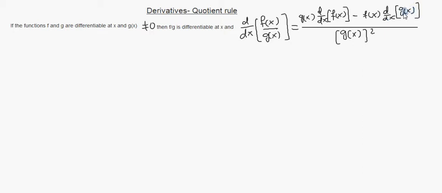All this divided by the denominator, which is g of x squared.